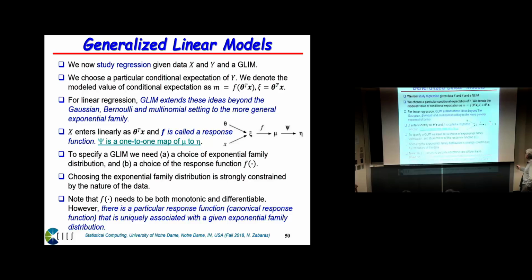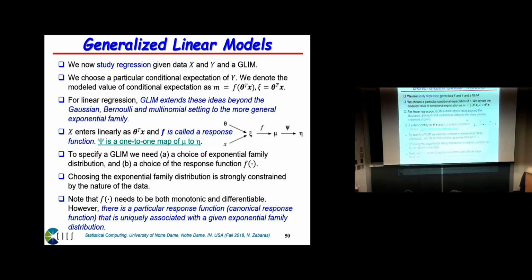And that function we call here psi. And it is an invertible function. So if you have a particular distribution from the exponential family, psi is given. You don't play with it. Psi is given, let's say, for the Gaussian. But right now, f can be anything you want. When you write the regression models, the regression function can be anything you want.